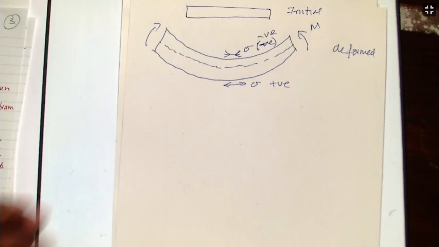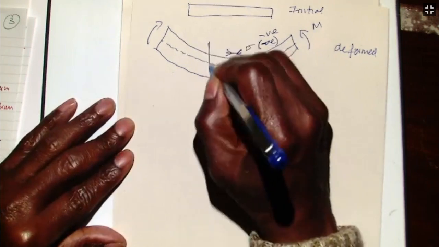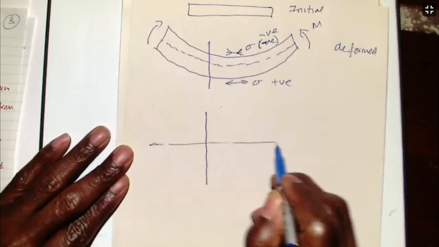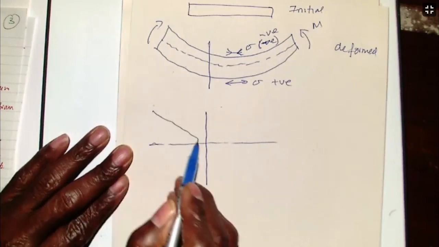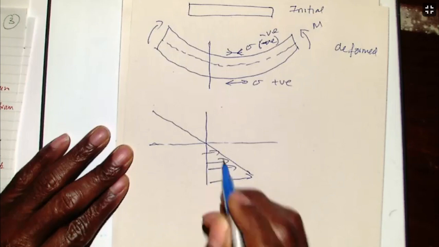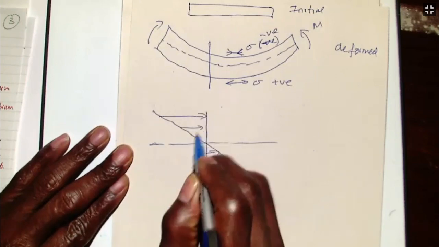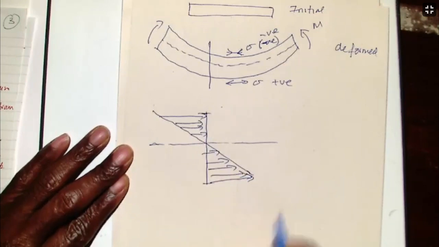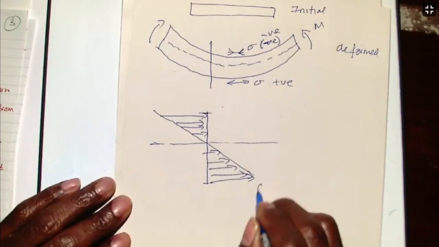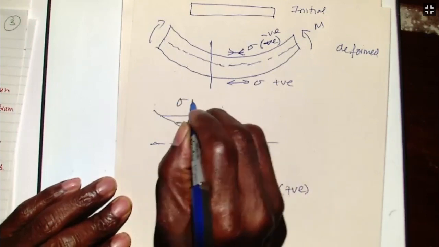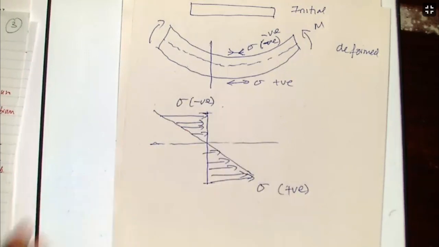So if we look right across that cross section, we will now have the neutral axis. We will have tension at the bottom and compression at the top. So here we have tension, and here it is in compression.